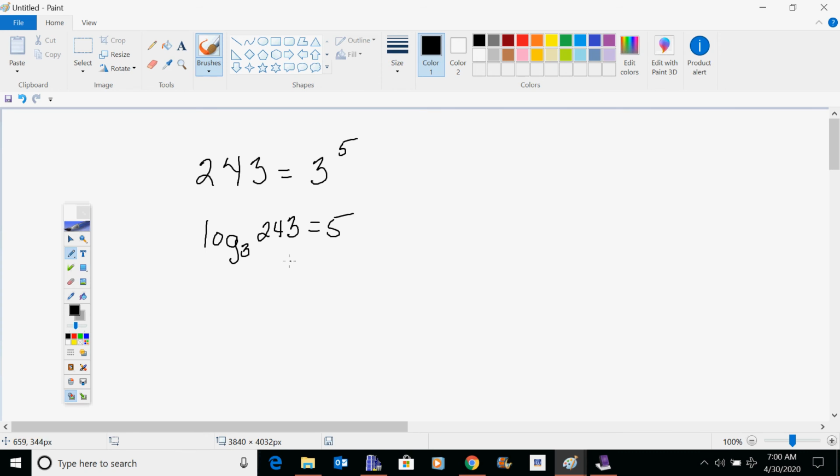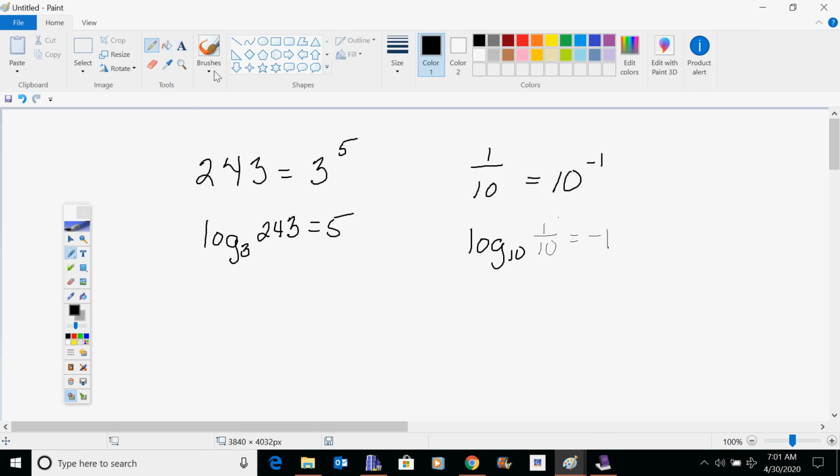I had questions also on 15 and 17 and 19 as well. So if we had this one and it looks a little bit stranger here, 10 to the negative first. If you want to do this, here's your base, here's your exponent. Log base 10 of 1/10 equals -1.